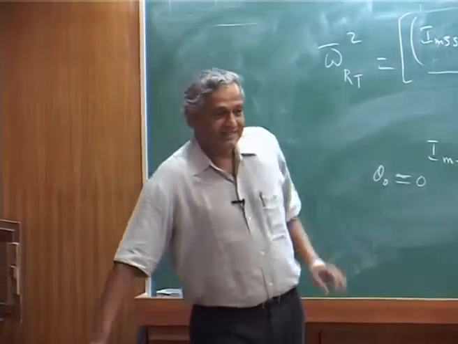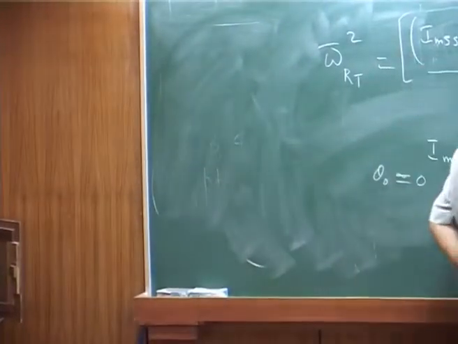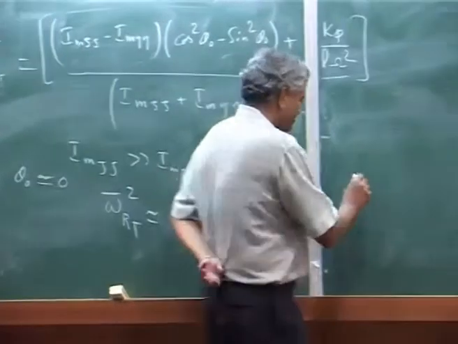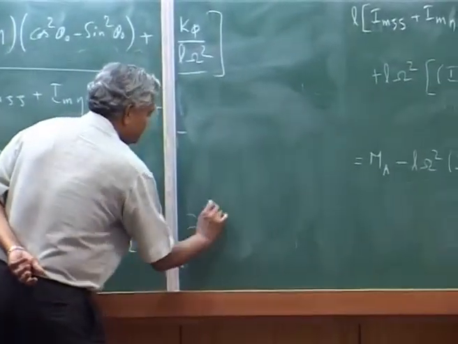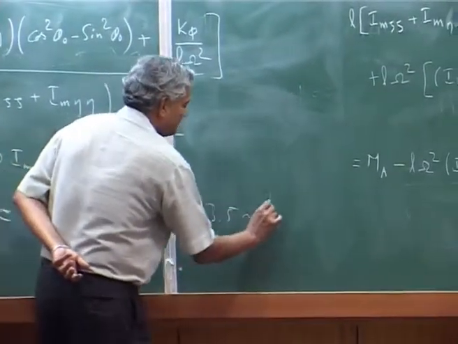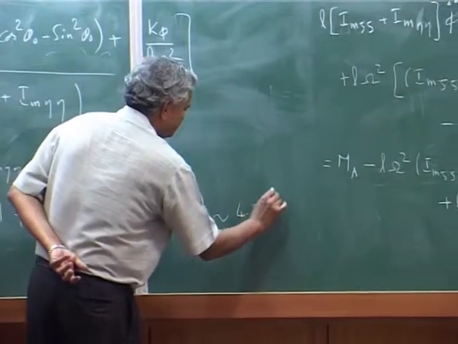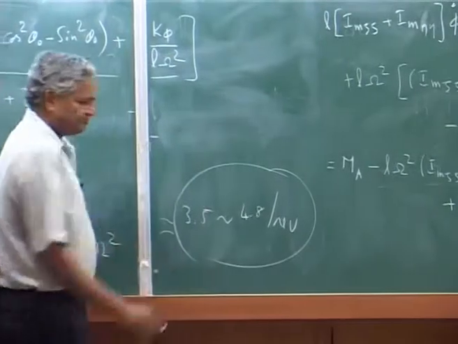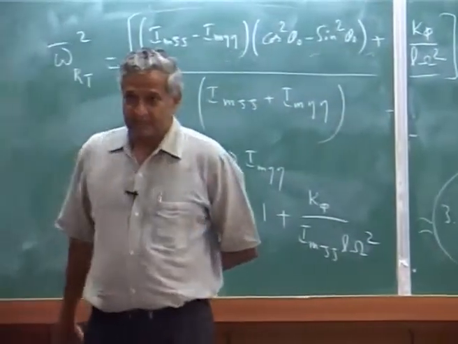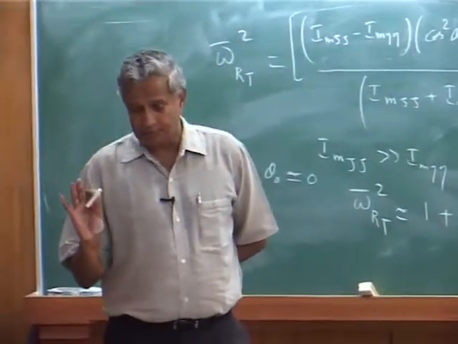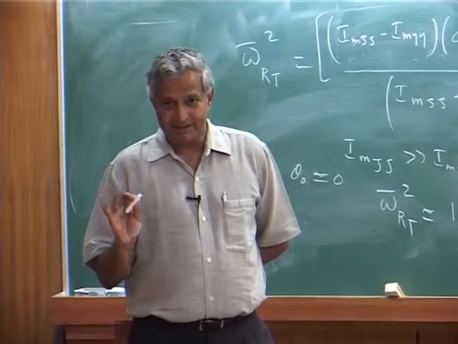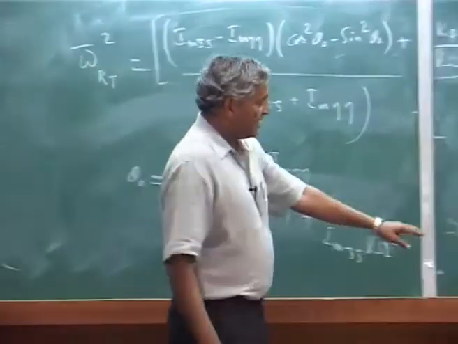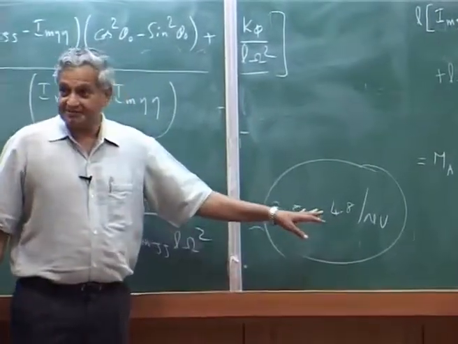Far away means usually it is around 3.5 to 4.8, something like that. Around this range it will be. 4.5, 4. 3.5 is very low, a torsionally soft blade. But you see this frequency is far away from flap and lag.